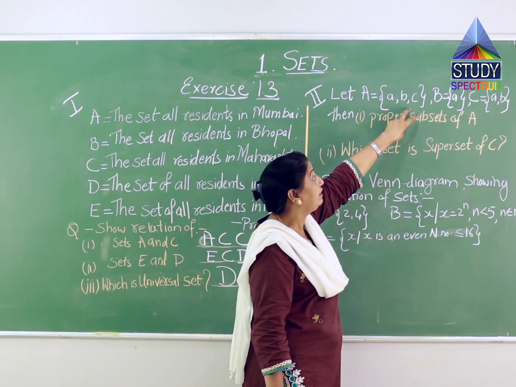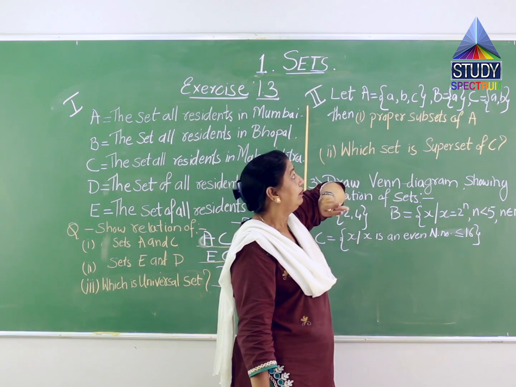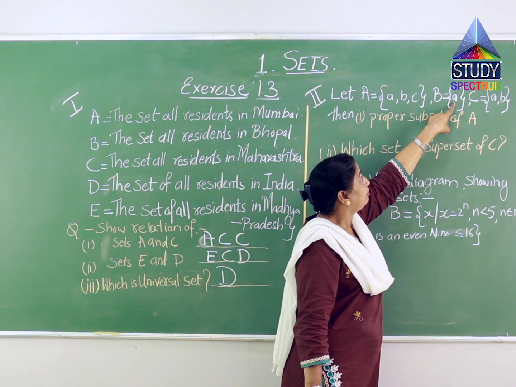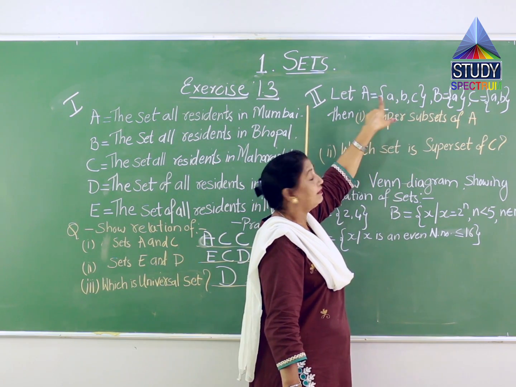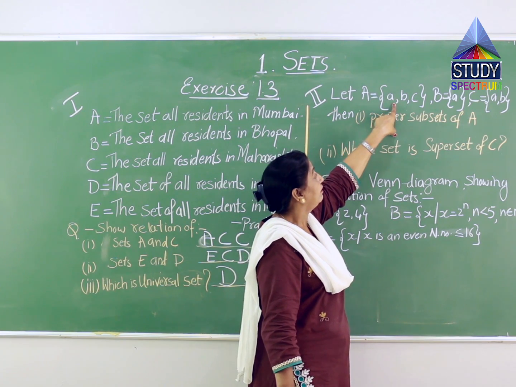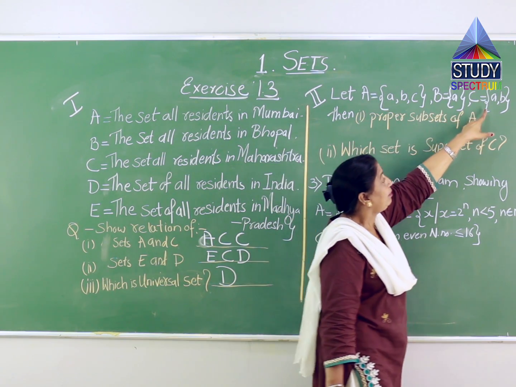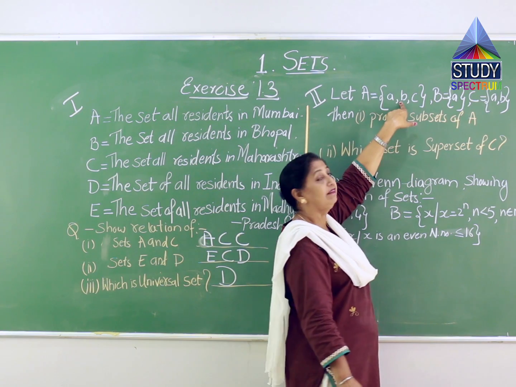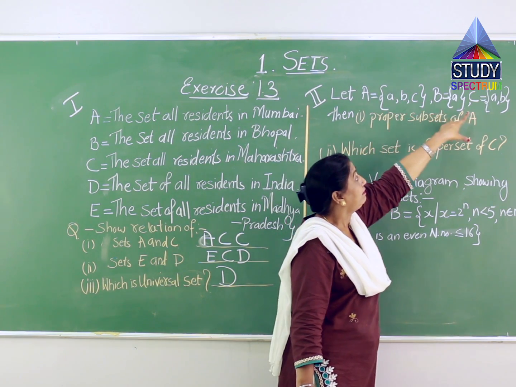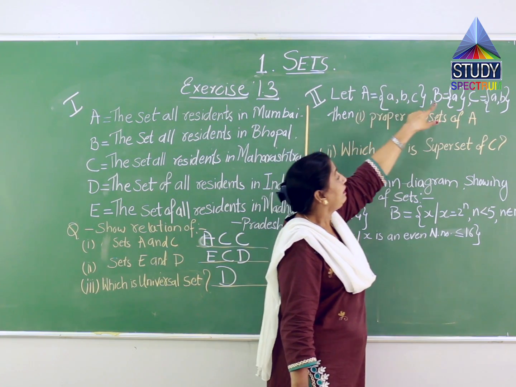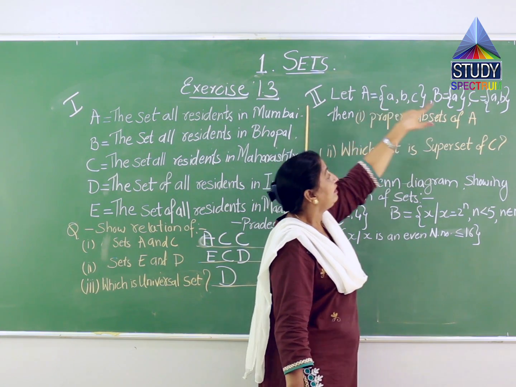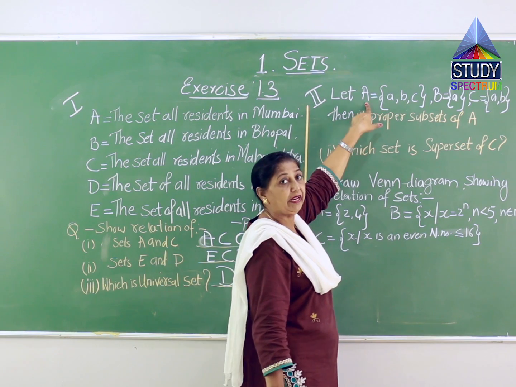By observing this, you can make out that a, the element which B consists of, is also present in capital A set. And the elements of C are also present in this. So by observing this, I can say that A is a universal set, B is a subset of A, and C is also a subset of A.